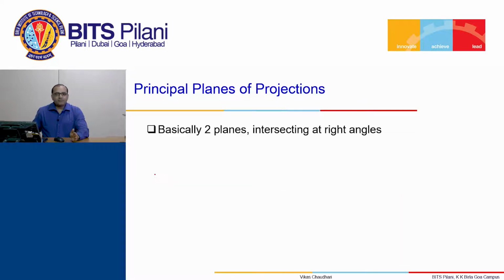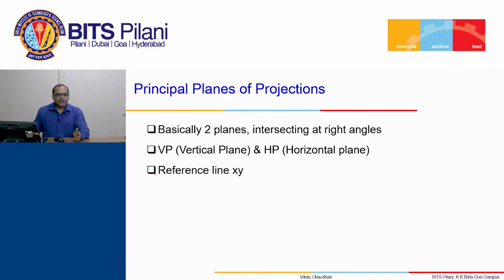Principal planes of projections. Basically, two planes which are intersecting at right angle are considered. The horizontal plane we call the HP, and the vertical plane we call the VP. The mutual intersection of both the planes we generally call a reference line.